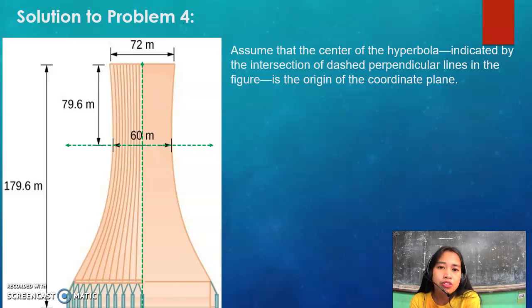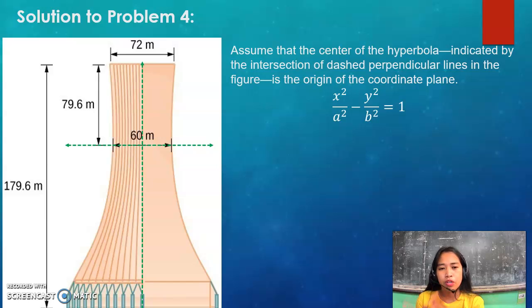So, when you say horizontal orientation, the x variable will come first. So, we'll use the equation x squared over a squared minus y squared over b squared equals 1. In a hyperbola, if you can remember, the principle is different: whichever variable comes first and is positive determines the orientation of our hyperbola.